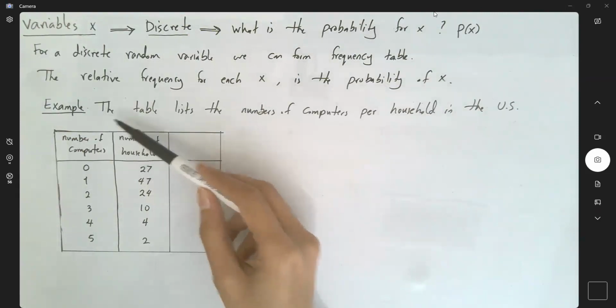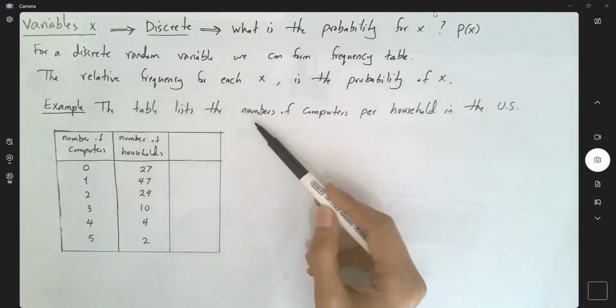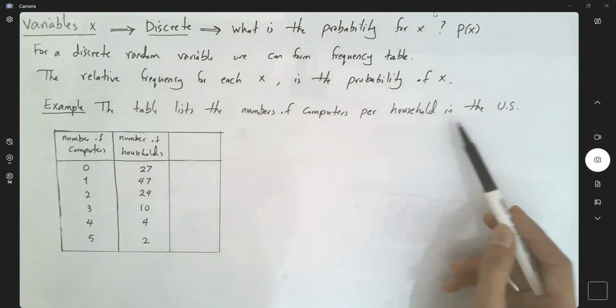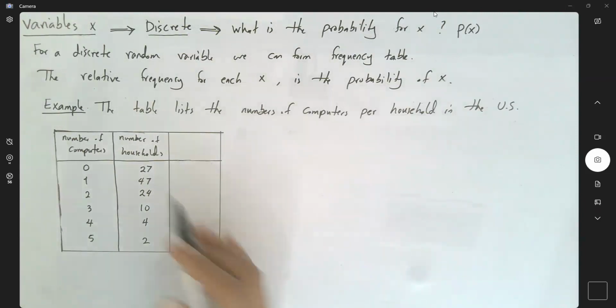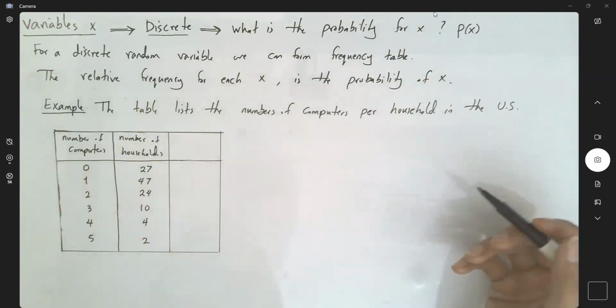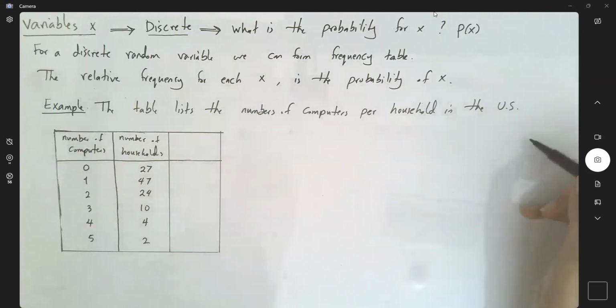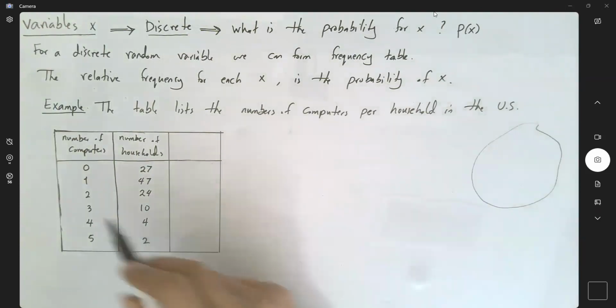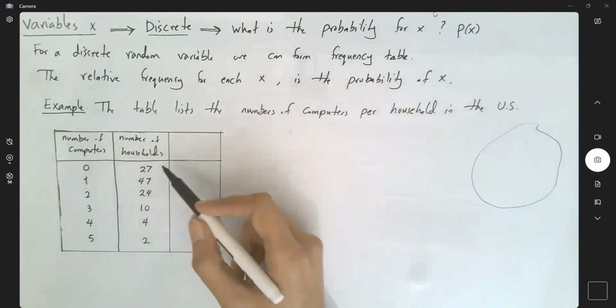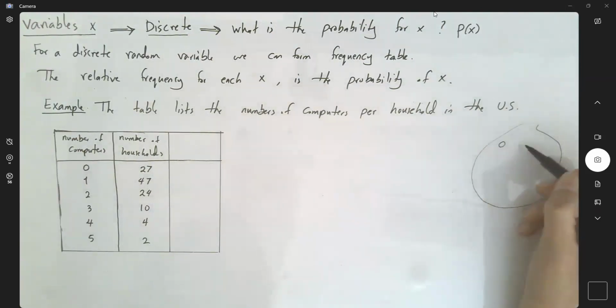This example says the table below lists the number of computers per household in the United States. So this is the information that we have. They already wrote this information in a compact and nice format. So it was basically like this. You had a collection of people completing the survey. 27 households say we don't have any computers. 0 means we don't have any computers.